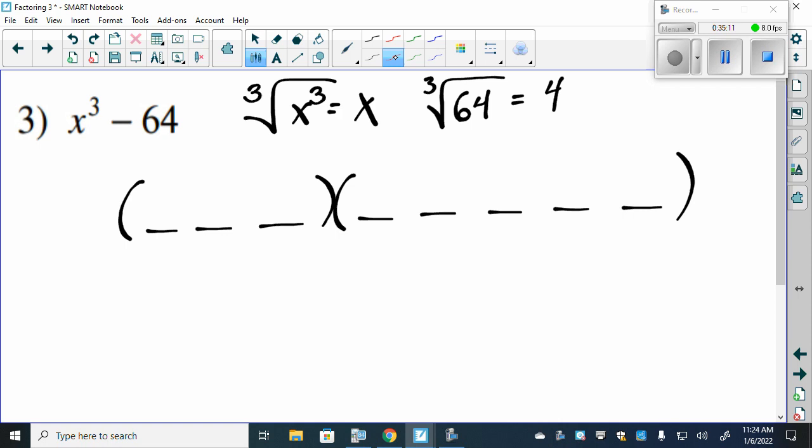Now inside the first set of parentheses, our signs are always going to be the same, opposite, always end on a positive note. Well, we're starting out with a subtraction, so the same would be negative, opposite would be positive, and always end on a positive note. So for this time, we would have negative, positive, positive.